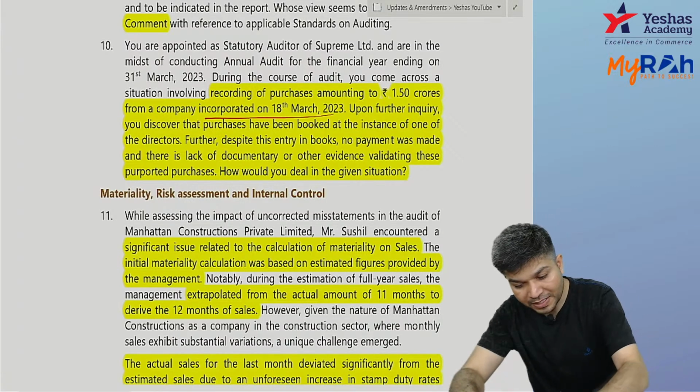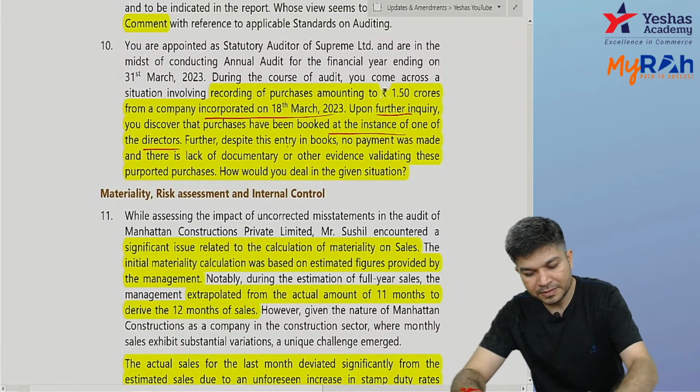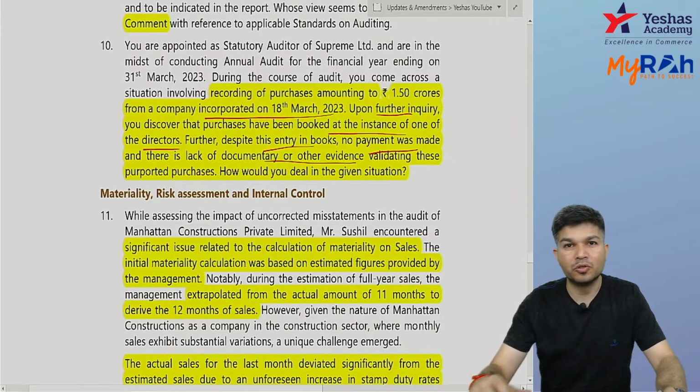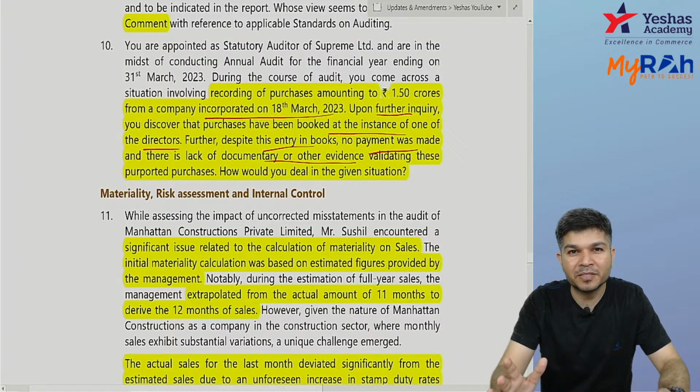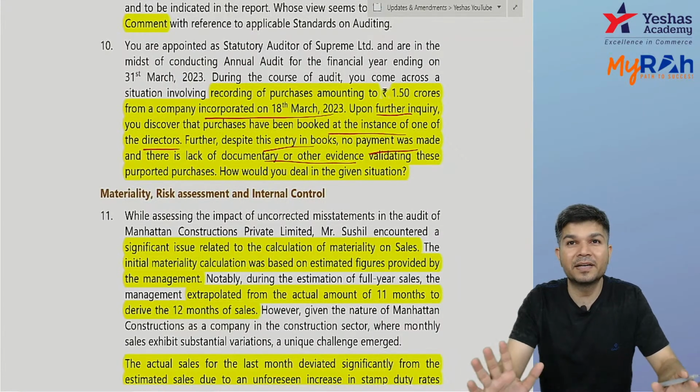Upon inquiry, you found out that the expense was booked because one of the directors told so, and despite entries there's no payment made, lack of documentary evidence. Wait. The new company was formed 18th March. We have made a purchase of 1.5 crore. Where is the entry from? Director told. The director said to make the entry.